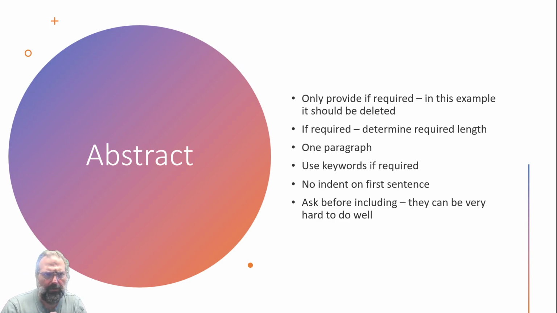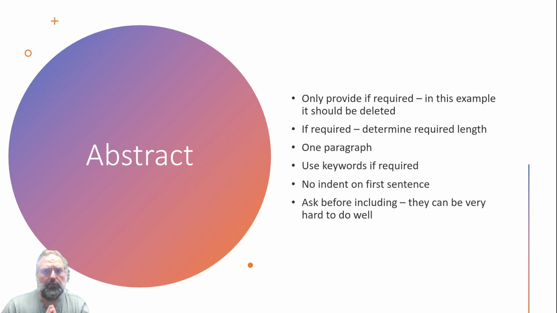An abstract, don't do it, is the short answer, unless you've been told to do so, or you may want to ask the instructor in your course on the first week, do you want abstracts in any of your submissions? Because generally speaking, you do not. Most instructors don't want them, and generally speaking, students don't get them right.